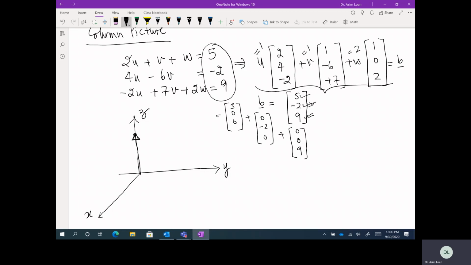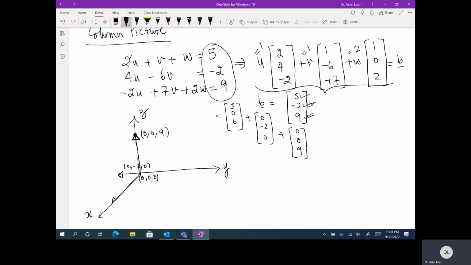So (0, 0, 9) is over here. (0, -2, 0) is somewhere over here. This is (0, 0, 0), and then we have (5, 0, 0).